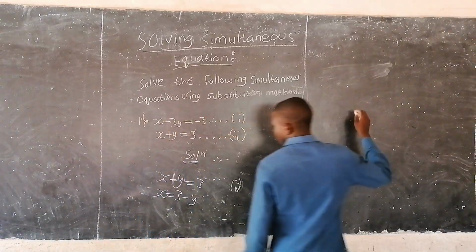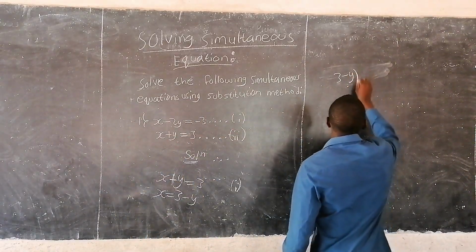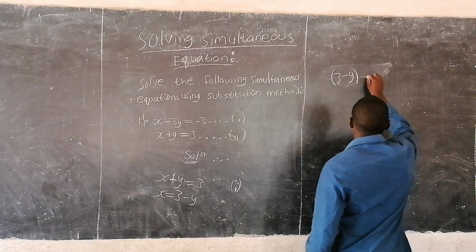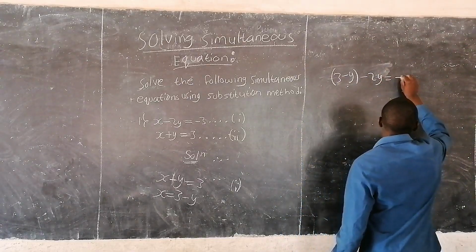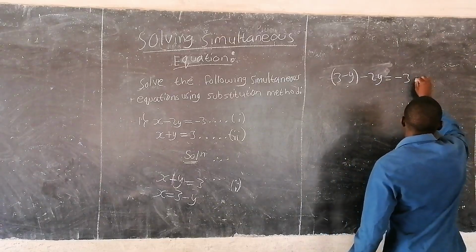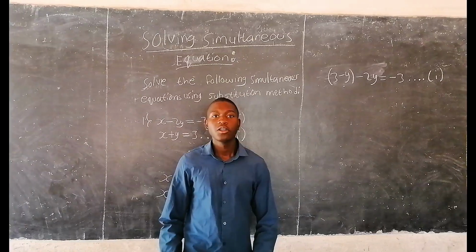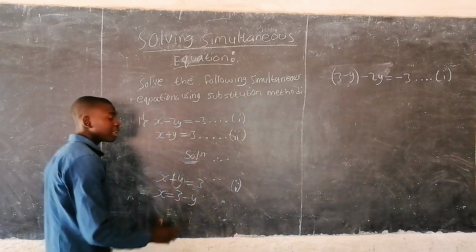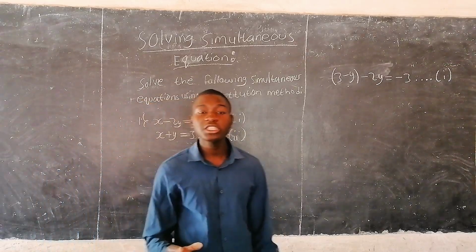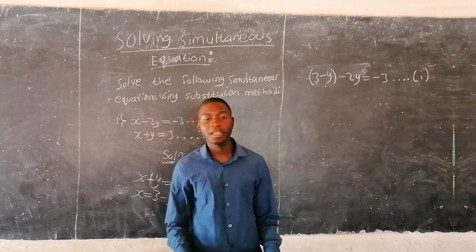So we will have 3 minus y, which we put in brackets, minus 2y is equal to negative 3, as in equation number 1. Note that we should not substitute our x value in the same equation where we made x the subject of the formula.